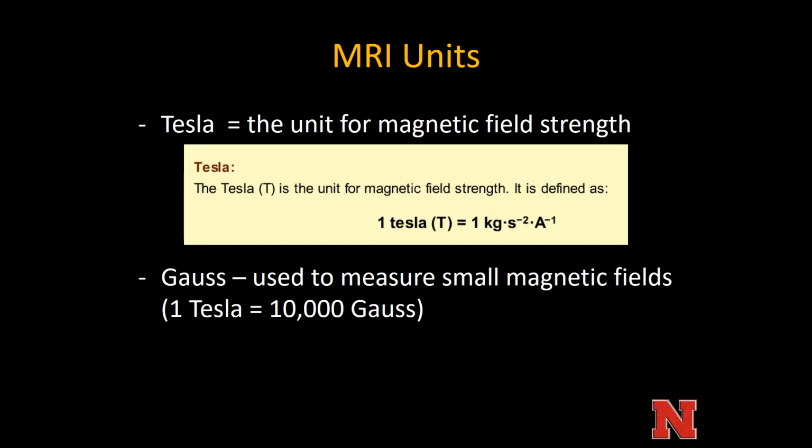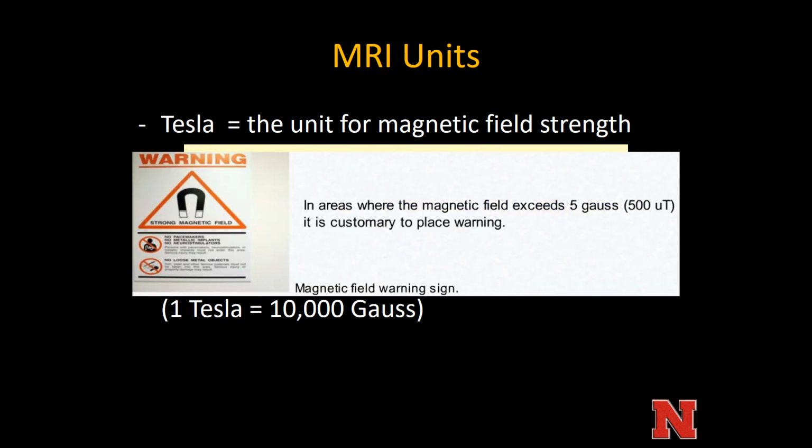MRI units. Tesla is a unit for magnetic field strength. Gauss is used to measure small magnetic fields. So 1 Tesla would be 10,000 Gauss. Tesla is generally used for a large magnet. Common clinical magnets would be 1.5 Tesla or 3 Tesla.